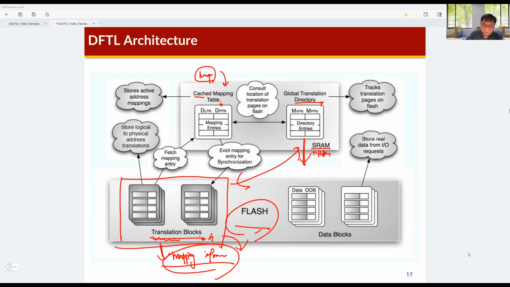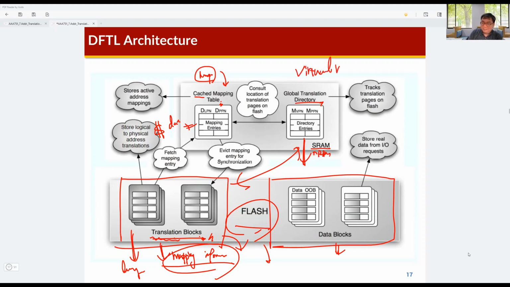Okay, so this is some large data. Then this is the cached data mapping information. And then also the data blocks are stored in flash memory. Okay? That is the DFTL architecture. This is very similar to the architecture of virtual memory, right?